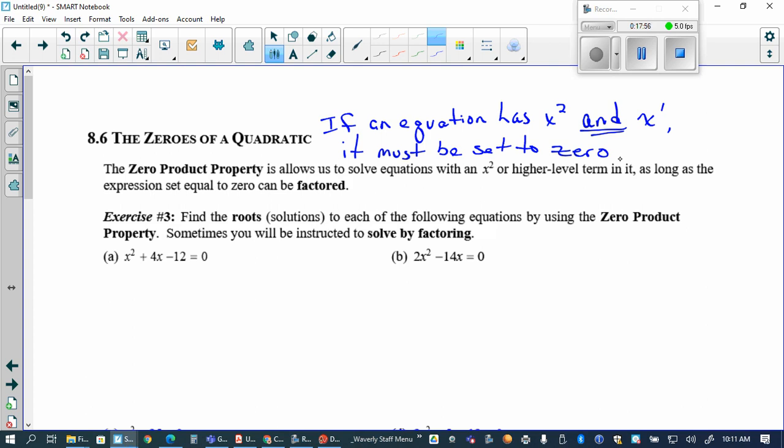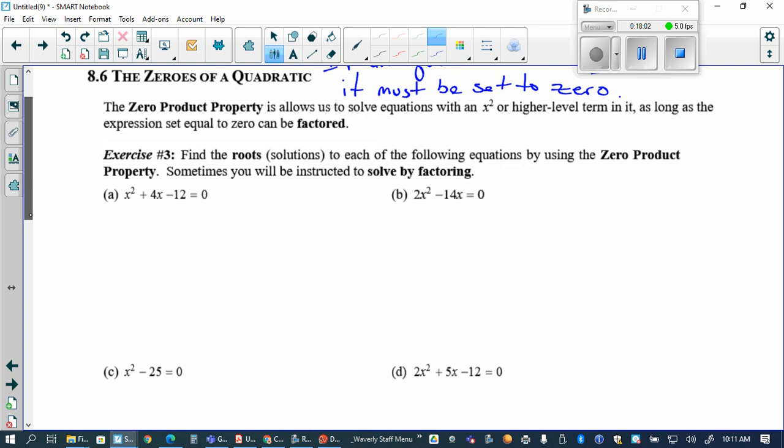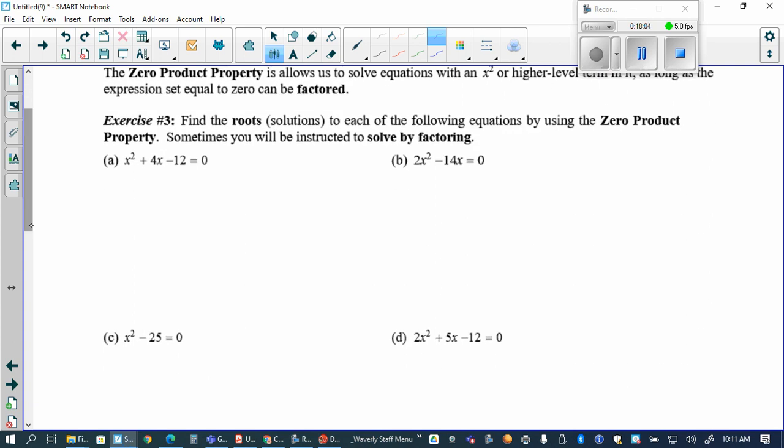Okay? So let's use this zero product property here. Let's look at the first one. X squared plus 4x minus 12 equals 0. Is there an x squared term? Yeah. Is there a linear x term? Yeah. So it must equal what to solve it? 0. Does it equal 0? Yeah. It does, so we don't have to do anything.